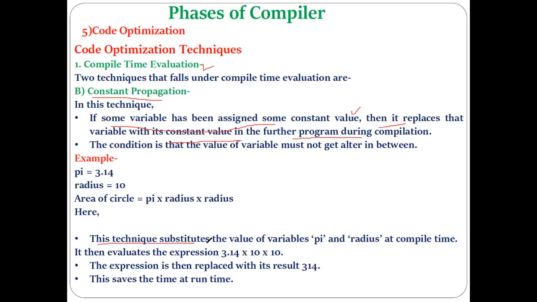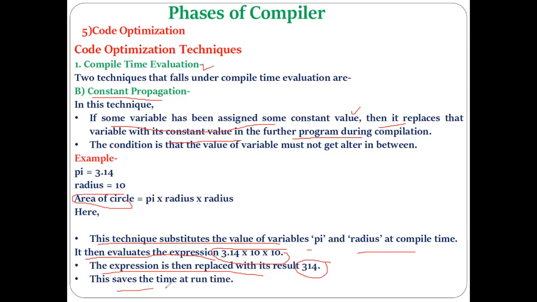This technique substitutes the values of pi and the radius at compile time instead of runtime, and it then evaluates the expression 3.14 into 10 into 10, and the expression is replaced with the result 314.